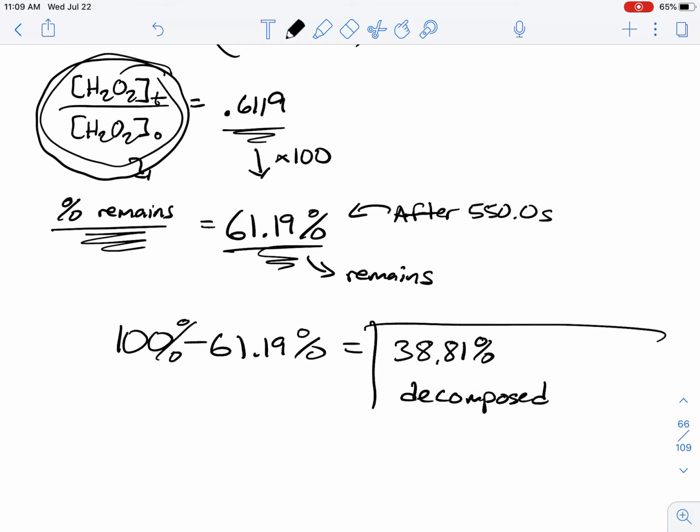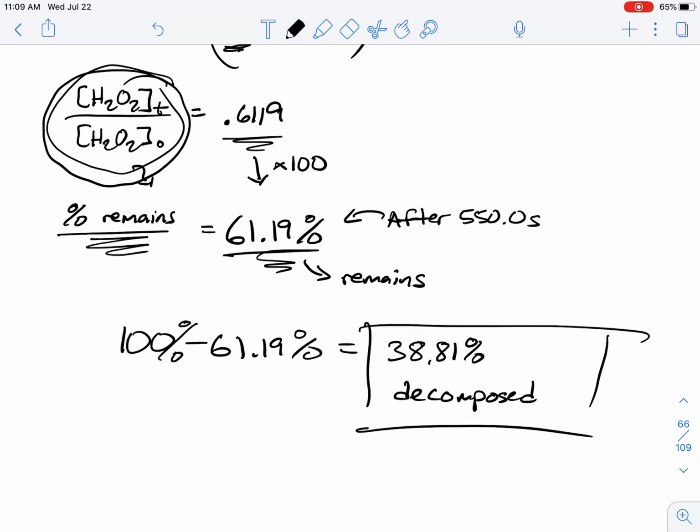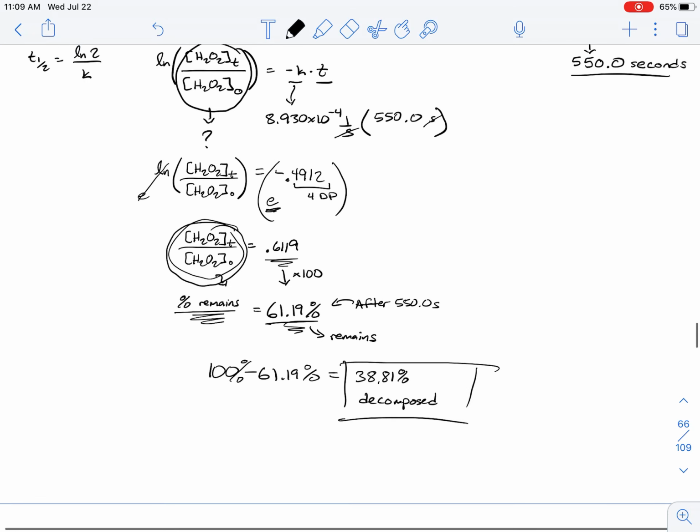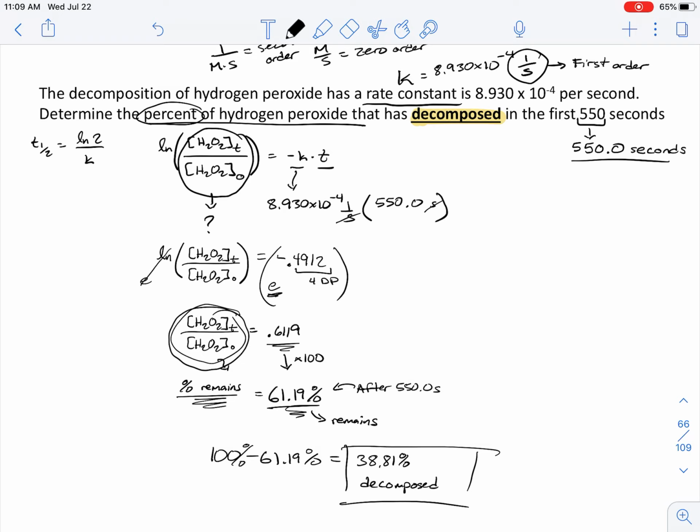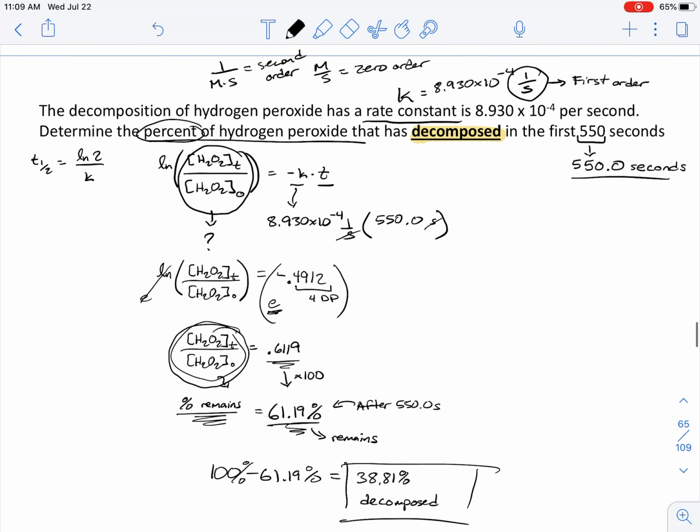And so this is your final answer. Basically, I'm trying to showcase through these different types of problems, different types of questions that can be asked for integrated rate laws. I can't cover all of them, but these are just the highlights, if you will.